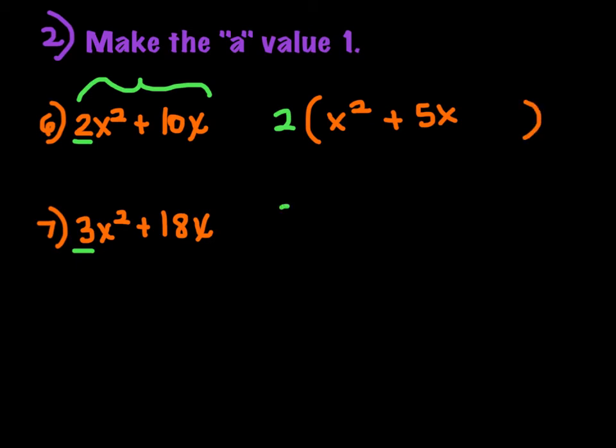In this one, I'm going to take the 3. Whatever that leading coefficient is, I'm just factoring that out, no matter what it makes the rest of it look like. I want you to pause and complete the rest of these examples.